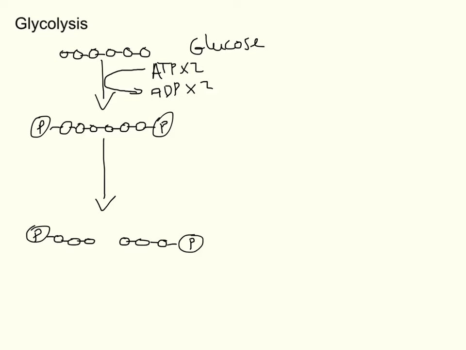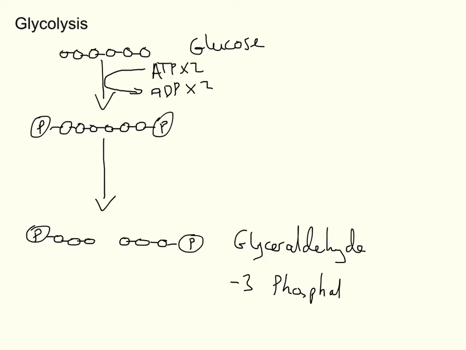Now these molecules that have been formed are glyceraldehyde 3-phosphate. Now this can also be called GALP, and it's the same molecule as triose phosphate, which you may have come across in photosynthesis.